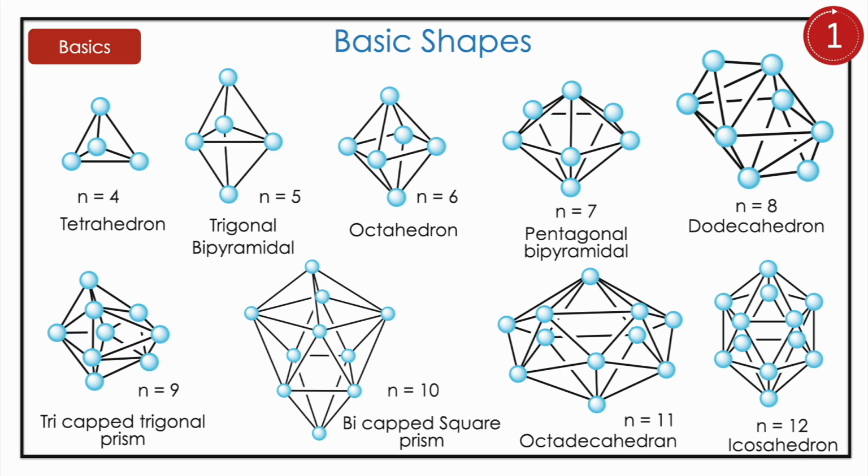These are all basic types. There can be variations or modifications. You should know these basic types, then only you can understand Wade's rule.